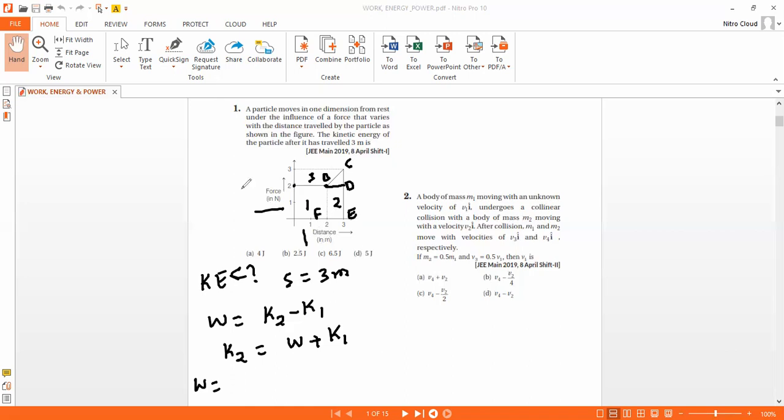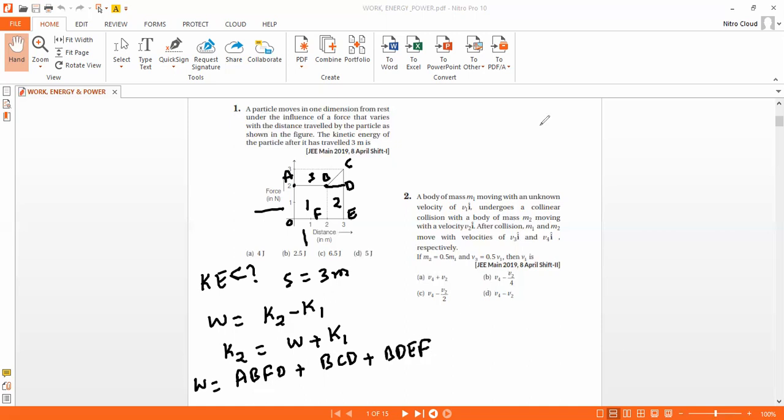So work done is equal to the area under the graph, that is the area of ABFO plus the area of triangle BCD plus the area of BDEF.